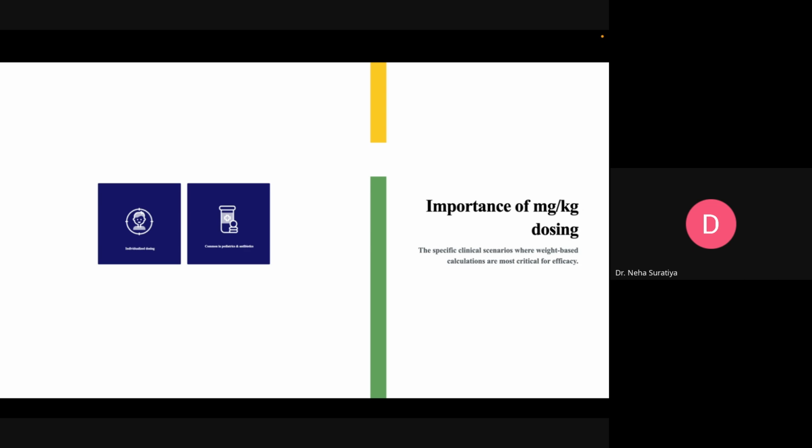Patients may have some altered pharmacokinetics because it is a critical care unit; of course they have some comorbid conditions and some other issues simultaneously. So in that scenario, the pharmacokinetics is altered. So in these scenarios, whether it is pediatric, antibiotic use, or the critical care unit, this mg by kg dosing is very important.